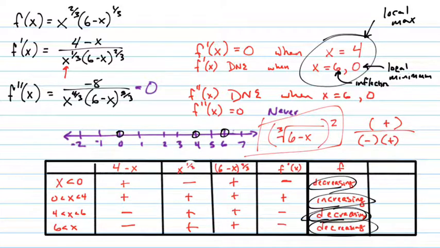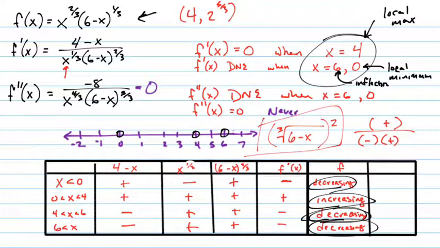If I put in 4 to the function and 6 and 0, and plug them in, I'll find that I get 4 and 2 to the 5/3. You could get a decimal answer; it'd be just as acceptable.